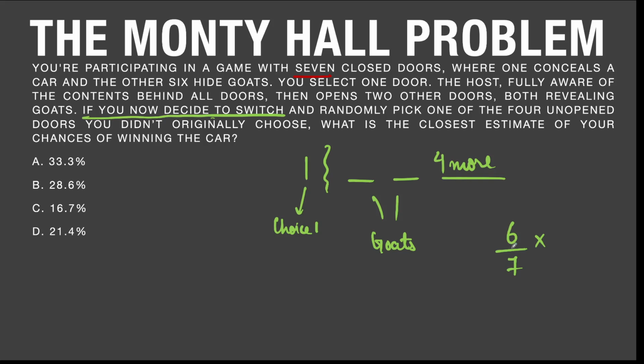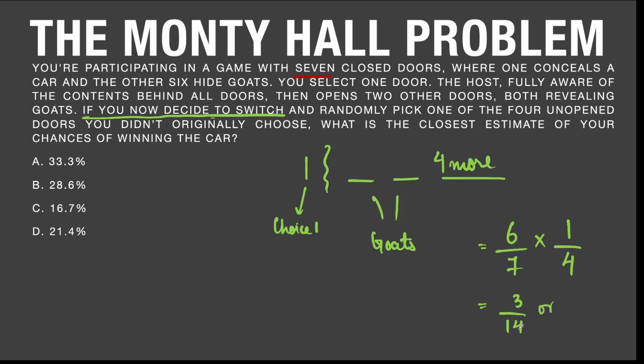Now, using conditional probability, there is a second level of choice which you need to check. What does the second level of choice say? You have 4 doors which are unopened, and you will get a car in one of them. So 6 by 7 into 1 by 4, and this would give me a probability of 3 by 14.